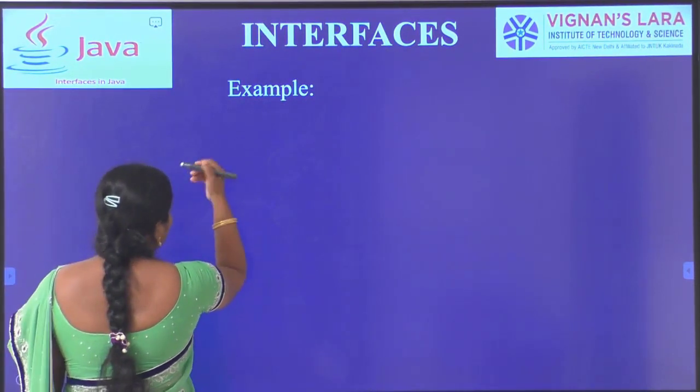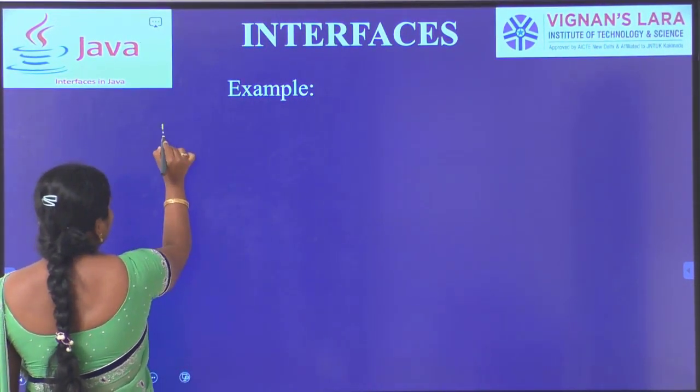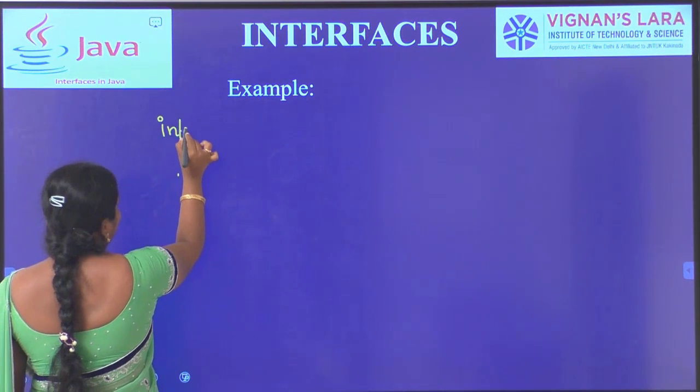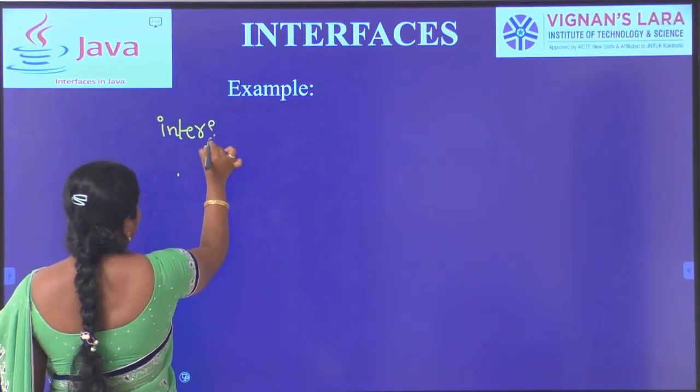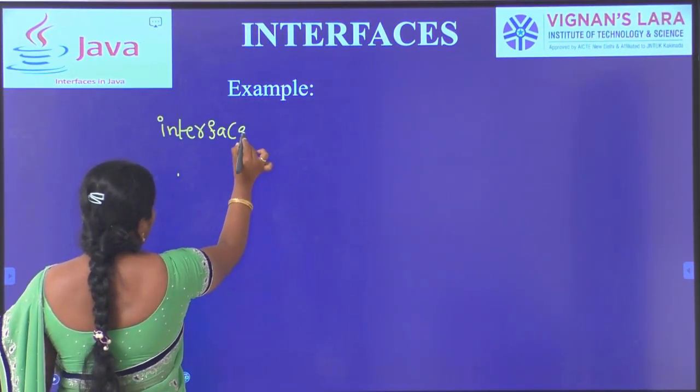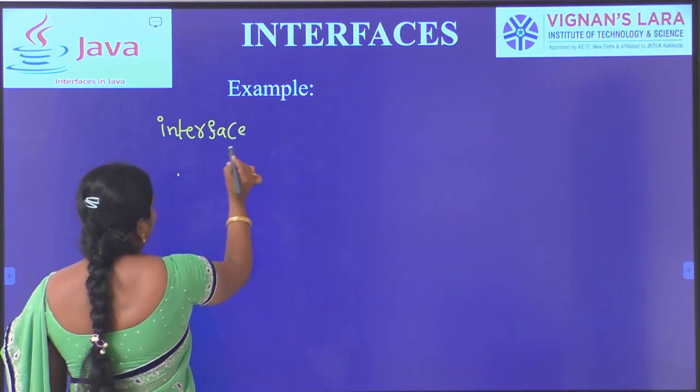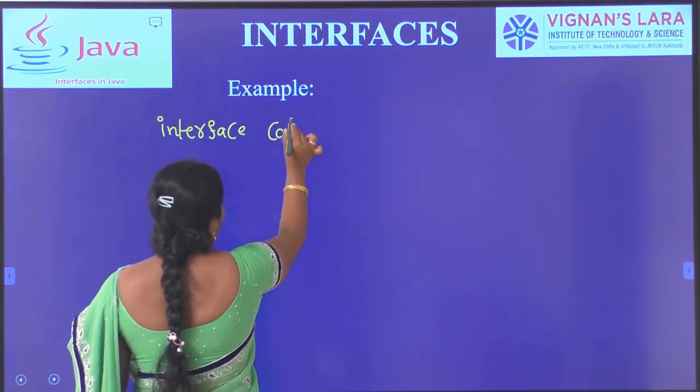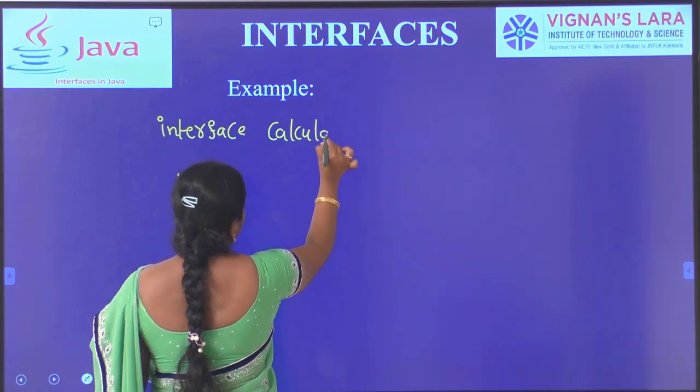Here I am writing one interface. Already you know that an interface declaration starts with the interface keyword followed by the interface name. I am defining Calculator.